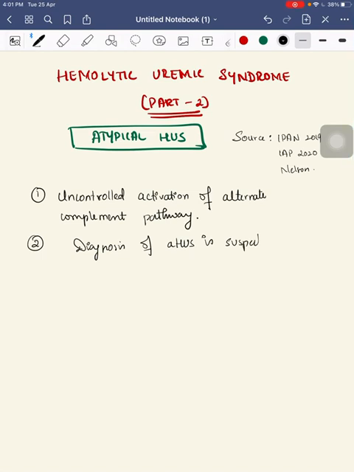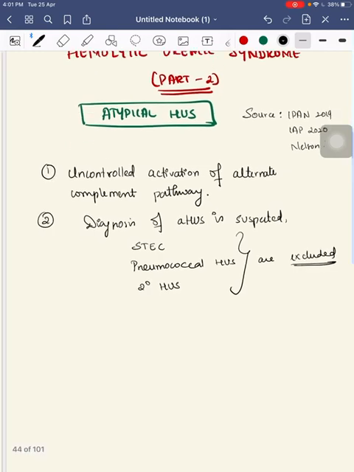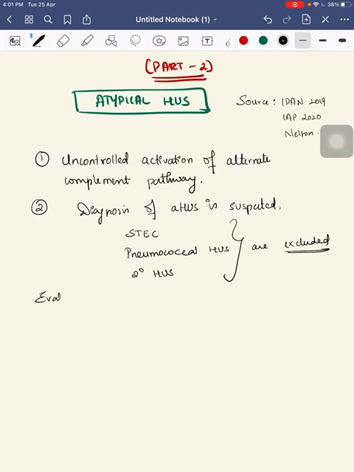The diagnosis of atypical HUS is suspected when the Shiga toxin associated E. coli HUS, the pneumococcal induced HUS, the cobalamin associated HUS, or the secondary HUS due to infection are excluded.